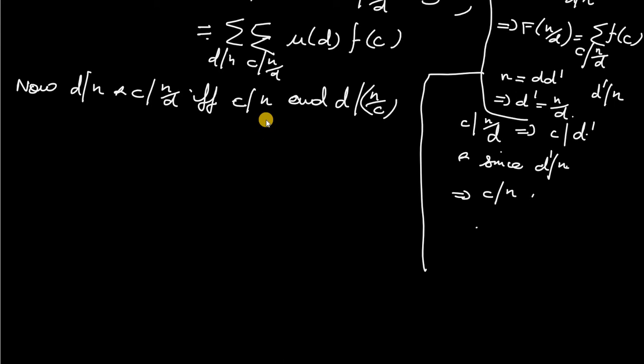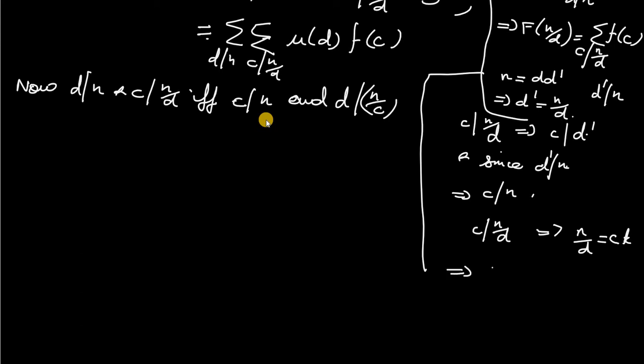Also, by this relation, c divides n upon d implies that n by d is equal to c times some positive integer k, which means that n by d is a multiple of c.